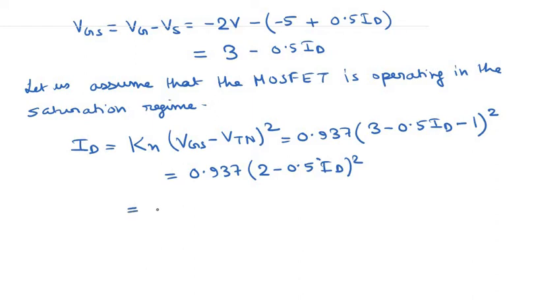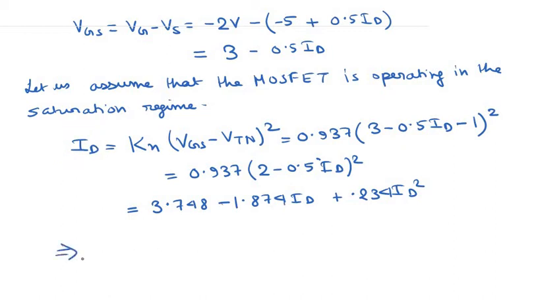We basically get 3.748 minus 1.874 ID plus 0.234 ID square. So this is equal to this drain current ID.